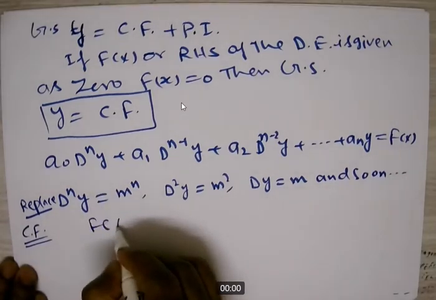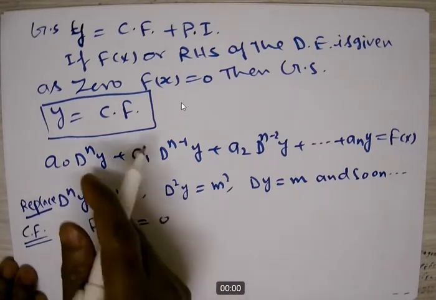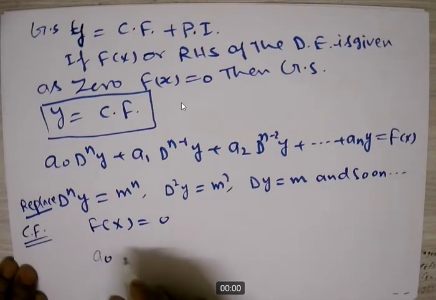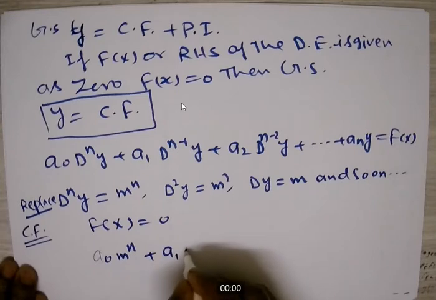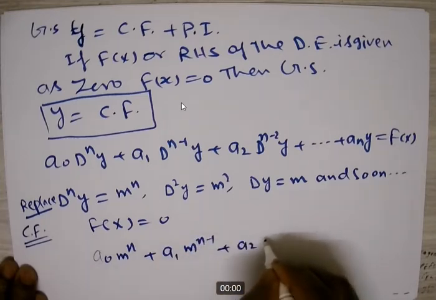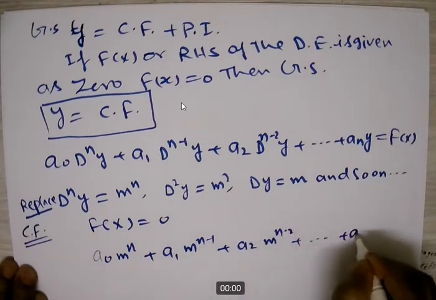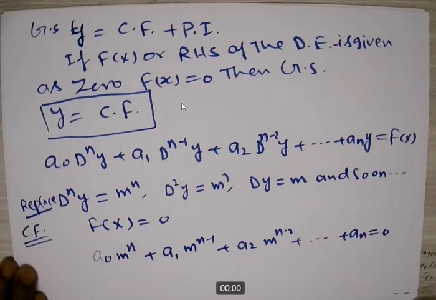And f(x) put here 0, then this equation becomes now a0 into m to the power n plus a1 into m to the power n minus 1 plus a2 into m to the power n minus 2 plus and so on plus an equal to 0, keeping f(x) equal to 0. This equation is called auxiliary equation.